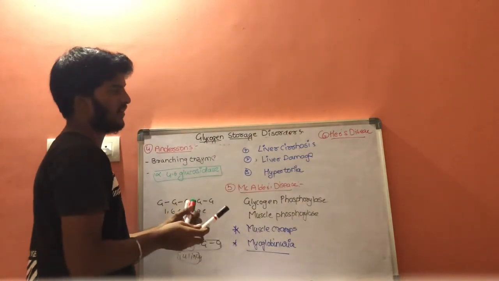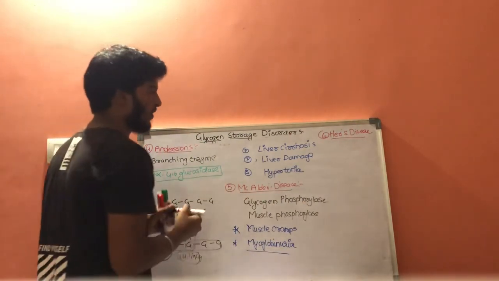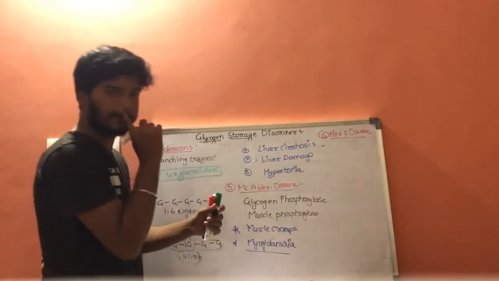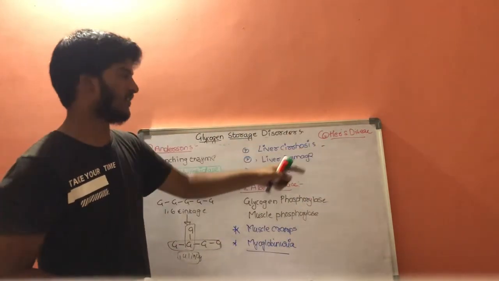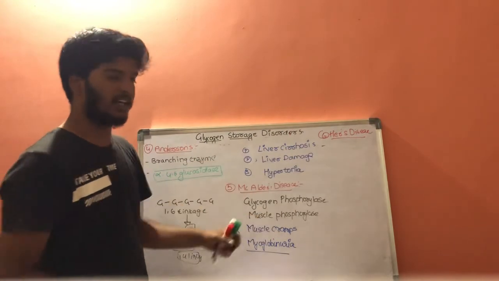This Hers disease is also because of glycogen phosphorylase, and it is specific to hepatocytes, so it is also called hepatic phosphorylase.